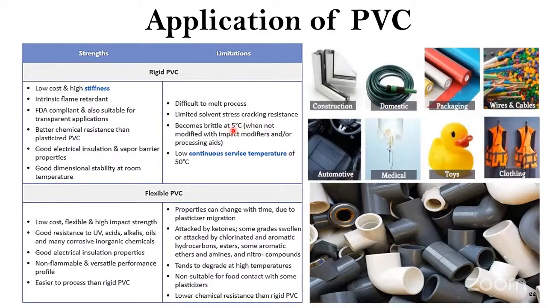This is quite important to look into. This 5 degrees Celsius, because PVC has a Tg of less than 6 degrees Celsius. So when PVC goes below 5 degrees Celsius, they become brittle because they are below their glass transition temperature, where they act like a glassy state.